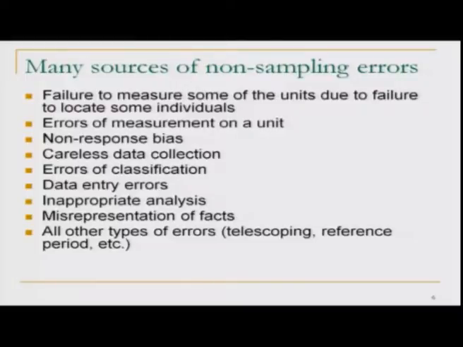And maybe the individuals whom you have failed to locate are not representative of the entire population. Maybe their characteristics differ from the characteristics of others who are included in the sample, and this problem will become a source of non-sampling error.